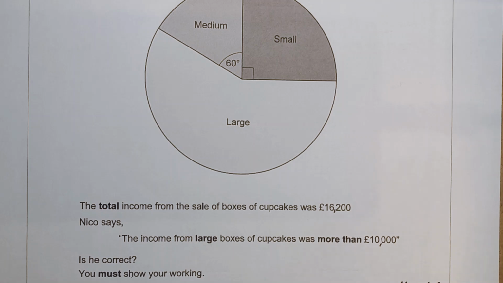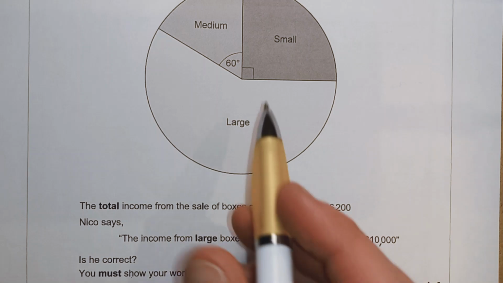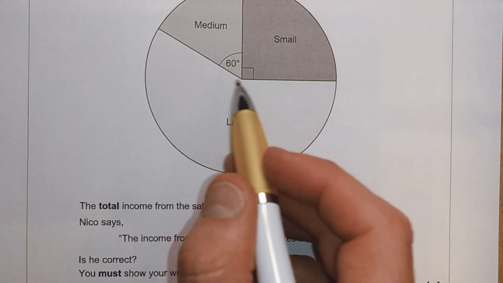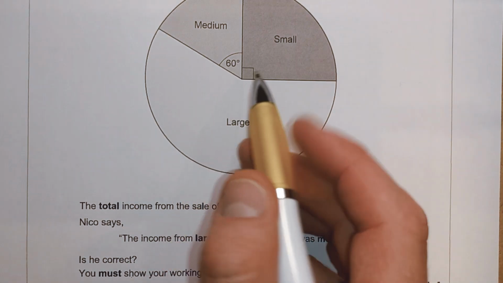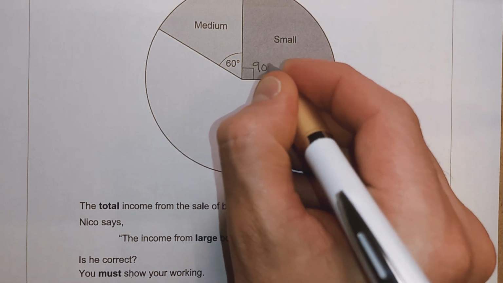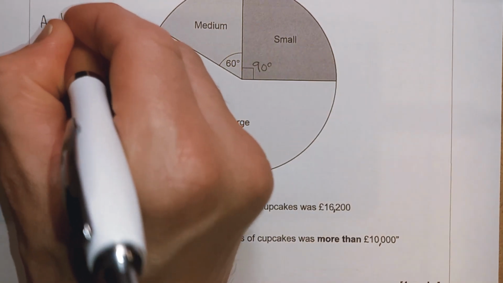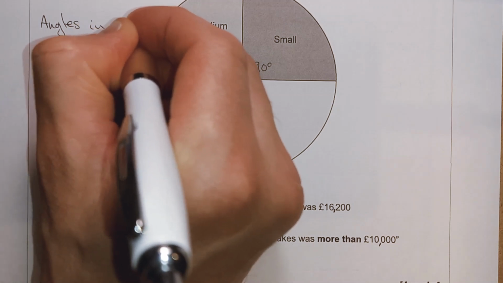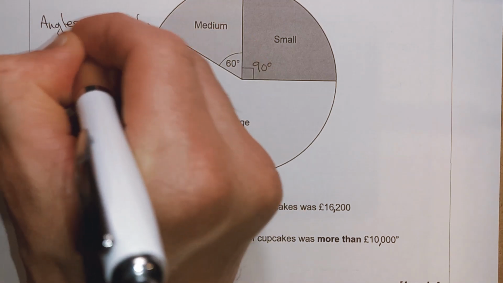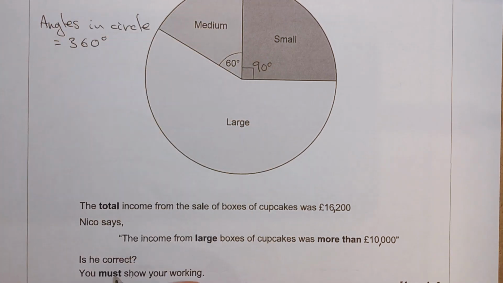Now, with this one, we've got some angles, so we want to work out angles here, but we don't need to use a protractor because they've told us this is 60 degrees, and this is a right angle here, so it means that's 90 degrees, and we know that angles in a circle are 360 degrees.